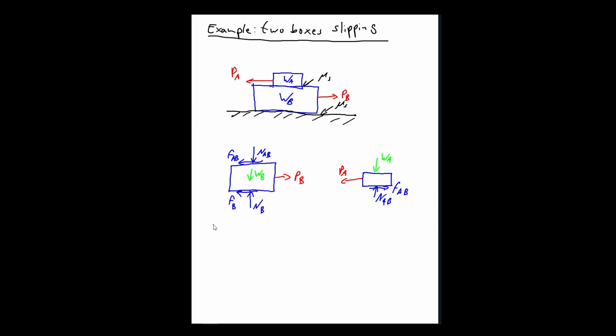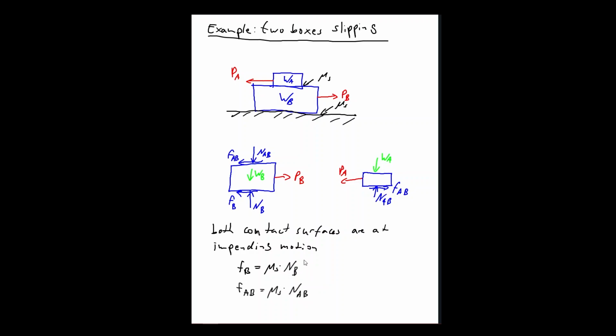So we can say both contact surfaces are at impending motion, which means we can write that FB is mu s times NB, and FAB is mu s times NAB.